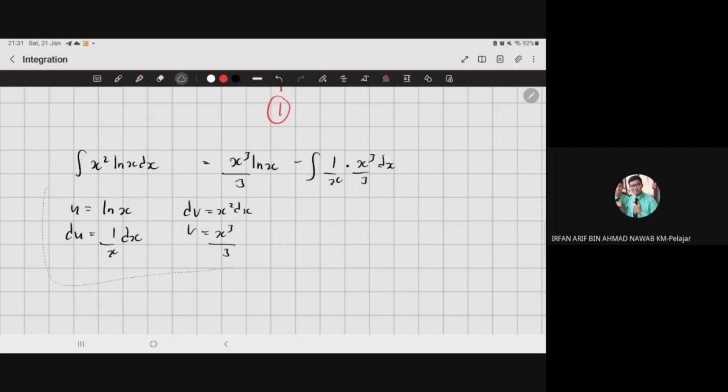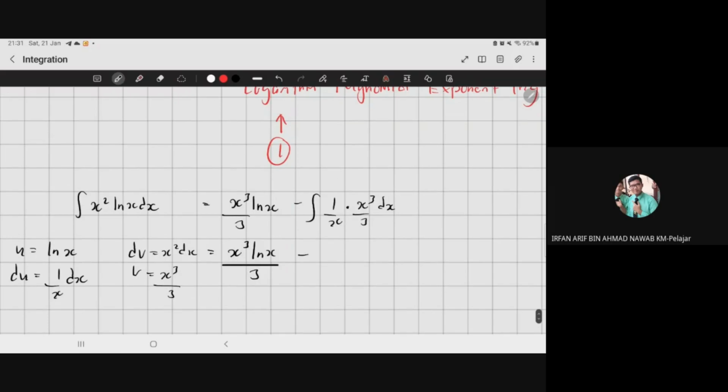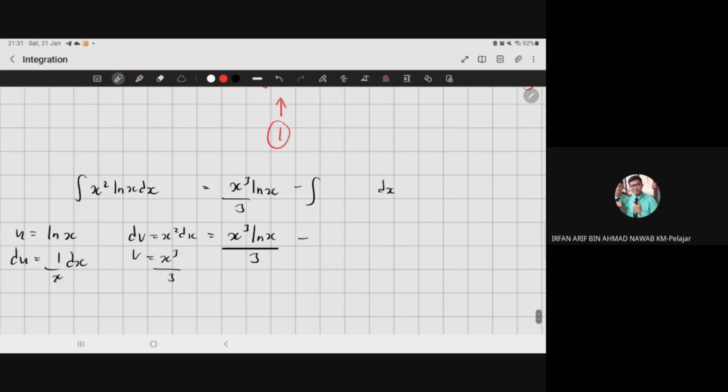So from here, just solve it. So ln x over 3 minus, this could simplify to become x squared over 3. Now, when we integrate this, it will get x cubed over 9 plus c.